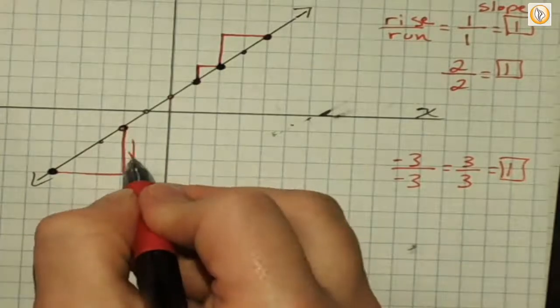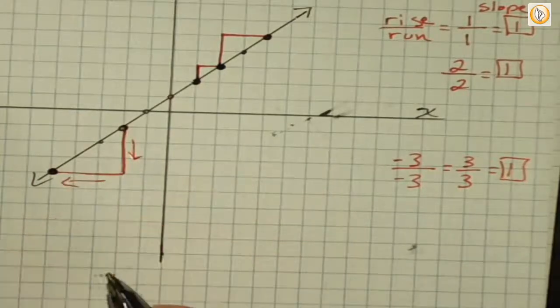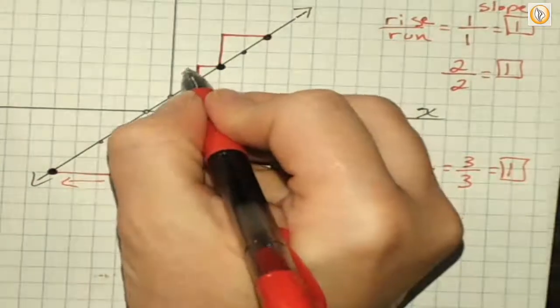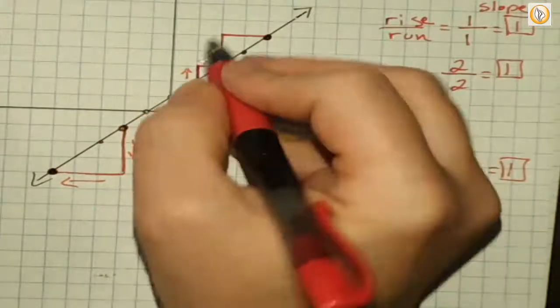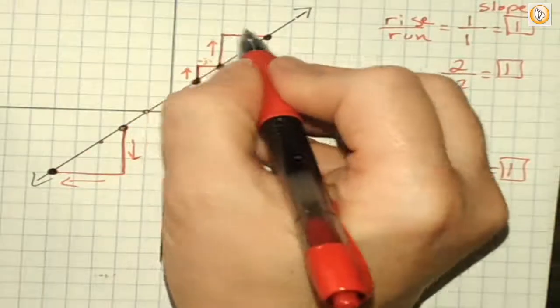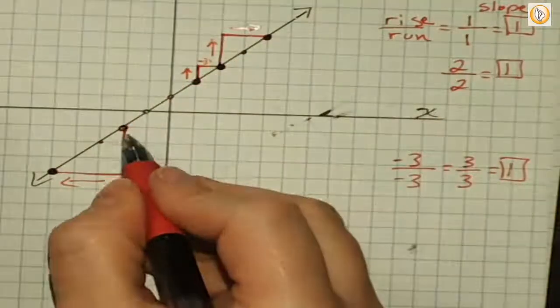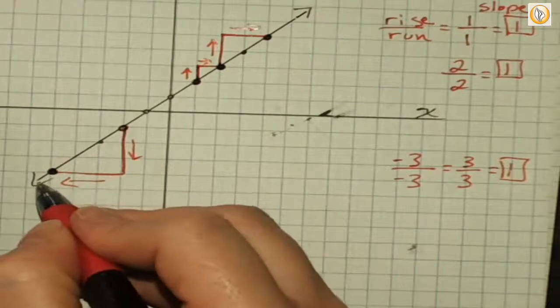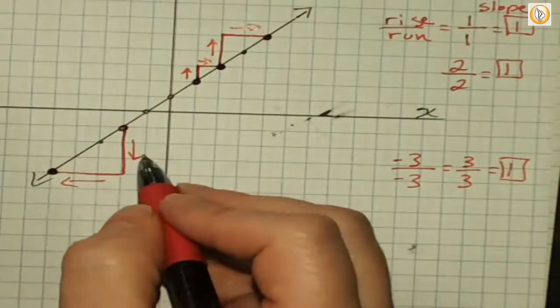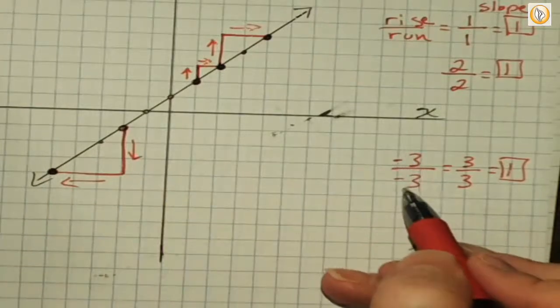Are you always going to get 1? No. So you can go up and then over, or you can go down and over. It does not matter as long as you do it correctly.